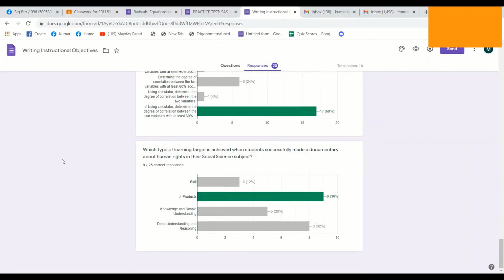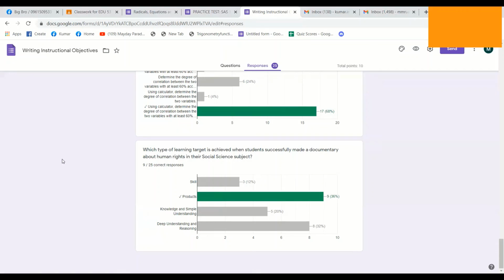Skill is, when you say skill, that is you are going to develop an action in which a student is familiar with. So let us say writing, a skill in writing, for example. If a student is proficient in doing writing, so that would be a skill.